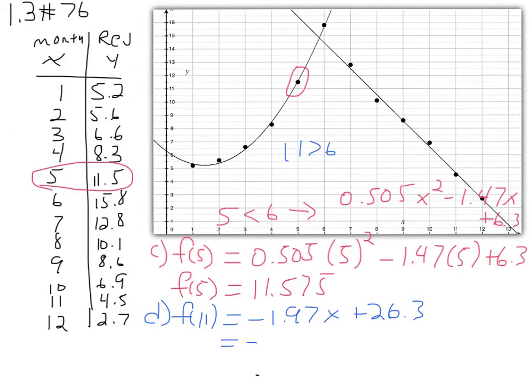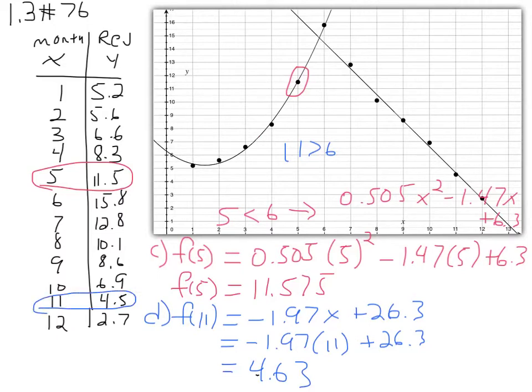So this is going to be negative 1.97 times 11 plus 26.3. Plugging that into our calculator, this comes out to be 4.63 according to this model. So that's the revenue approximated by this model in the 11th month. The actual is 4.5, that's awfully close, so our model is a little high; it over-predicts the revenue in the 11th month.